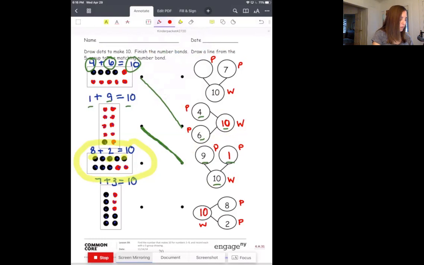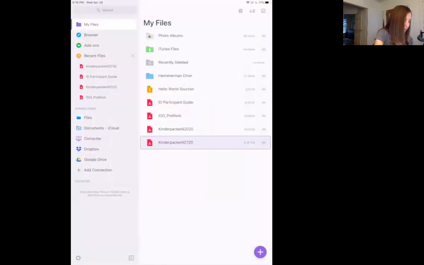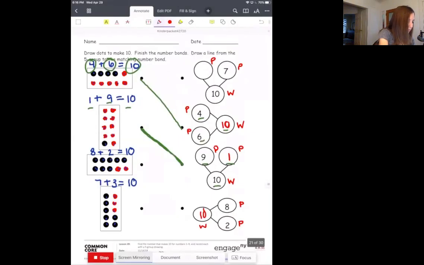Good. So you can draw, actually, you know what? I'm gonna go ahead and draw the 10 back in here. I like using the green one so that to connect our dots. Good. And the last one, 7, 3, and 10.